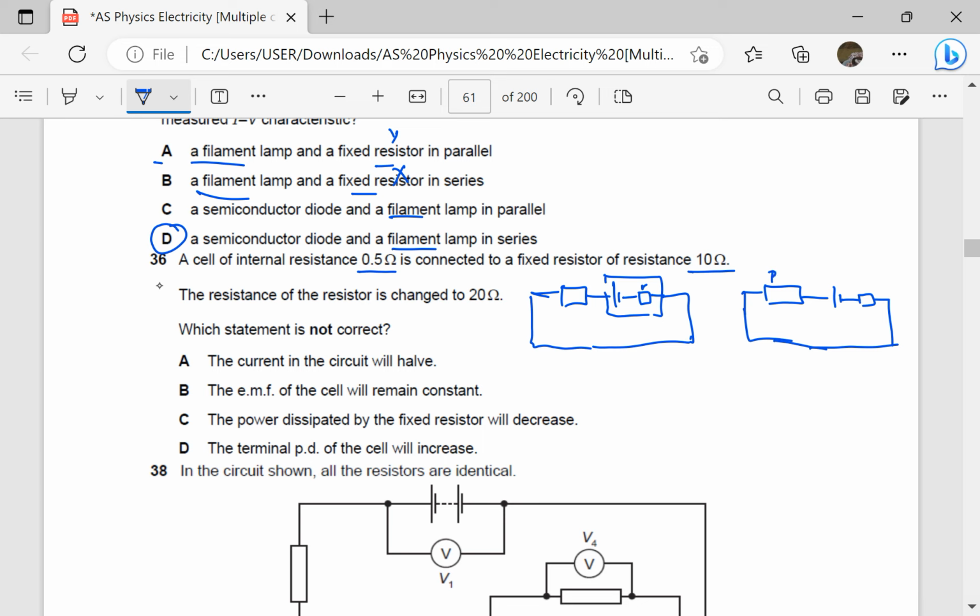So let this be 20 ohms. Remember, this is 0.5 internal resistance. This is 10 ohms. So which statement is not correct?